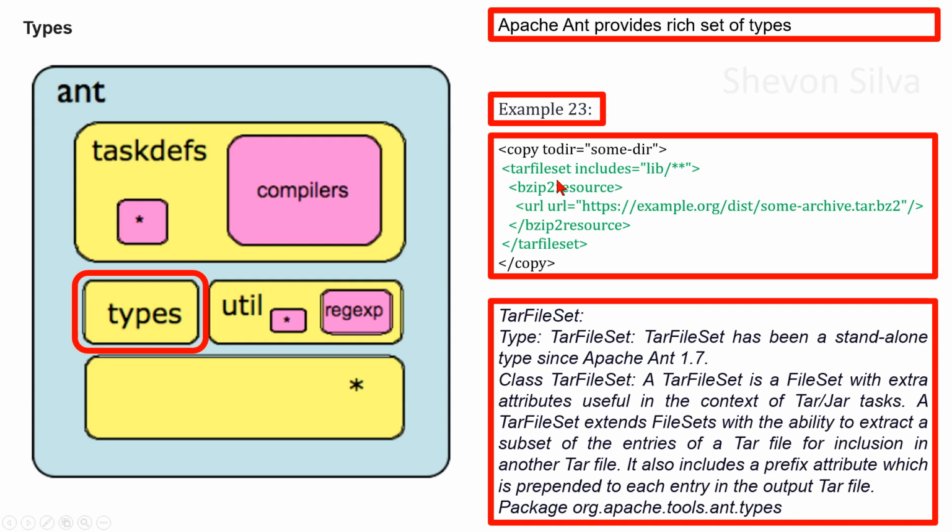A tar file set extends file sets with the ability to extract a subset of the entries of a tar file for inclusion in another tar file. It also includes the prefix attribute, which is prepended to each entry in the output tar file. This is in the package org.apache.tools.ant.types.